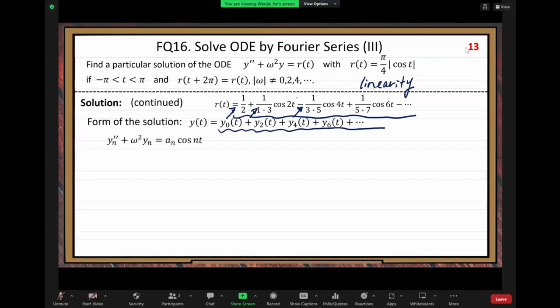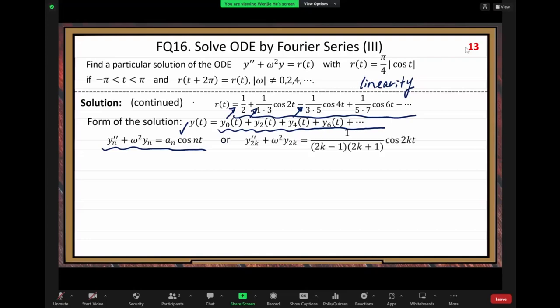We only need to consider the structure, and every time we just take one component. This component has the form a_n times cosine of nt. Find a solution of this form. That's pretty easy. So let's do the work.